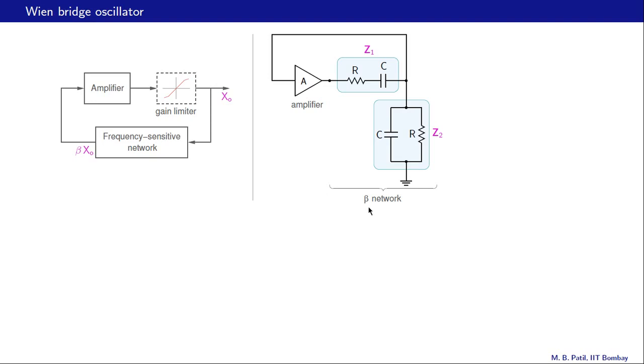So here is our beta network. It has got this R and C in parallel and the same R, same C in series here. So this we will call our impedance Z2 and this impedance Z1. And now we need to calculate beta for this network.